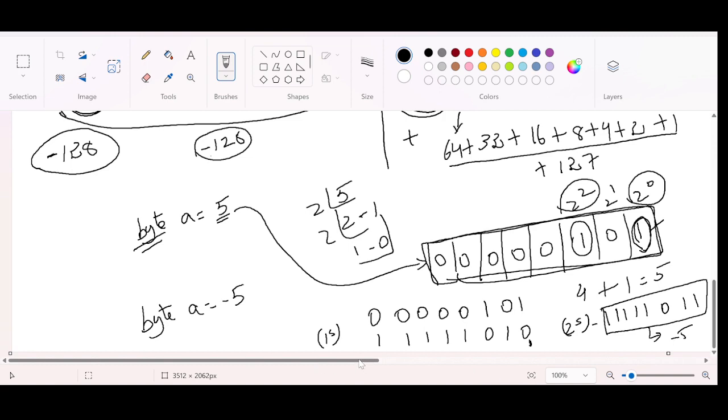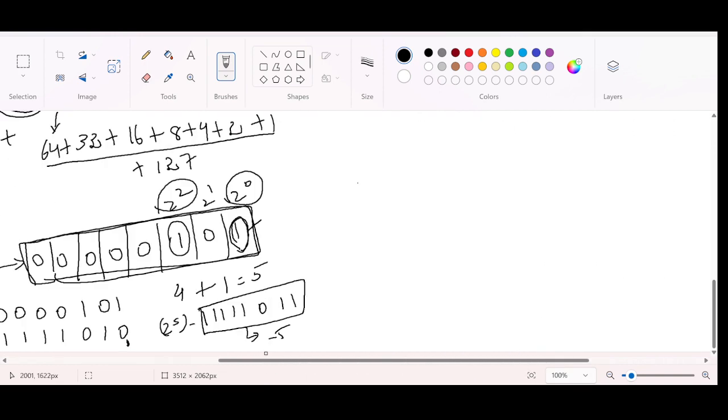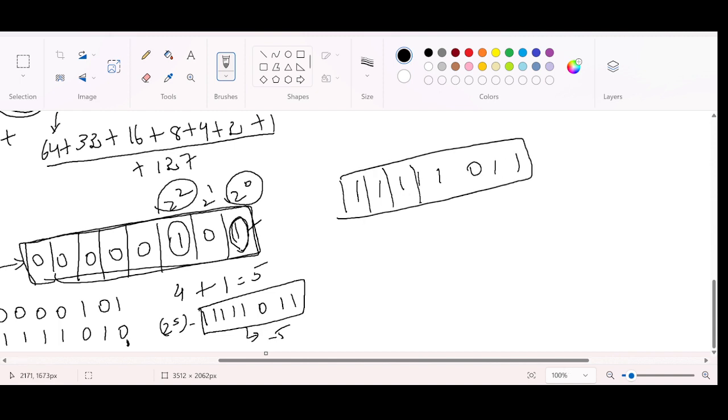Let us do this. 1, 1, 1, 1, 1, 0, 1, 1. The first most bit represents the negative value.